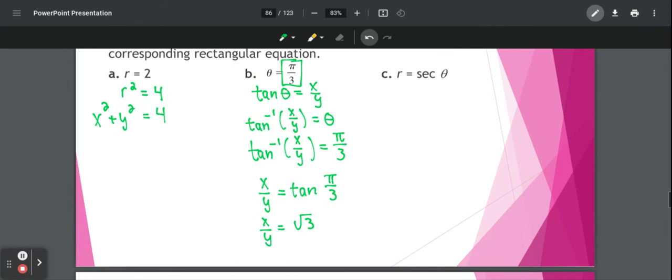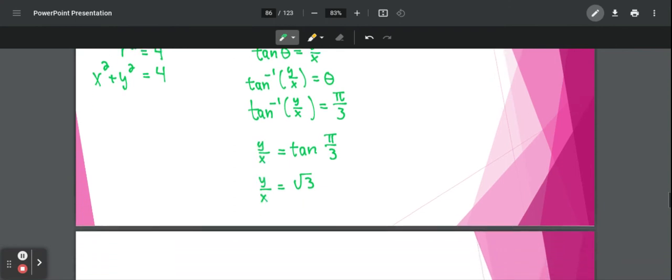Oh, sorry guys, it's not tangent x over y. Go back, it's tangent y over x. We're going to fix that before we write it all down wrong, which you probably already did. So tangent of theta is y over x, because it will make a difference in this final equation.